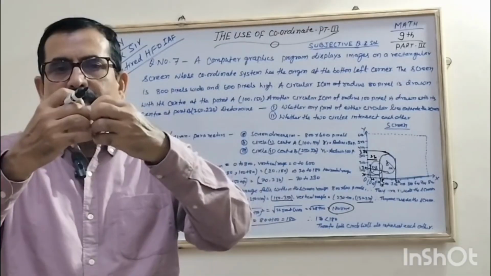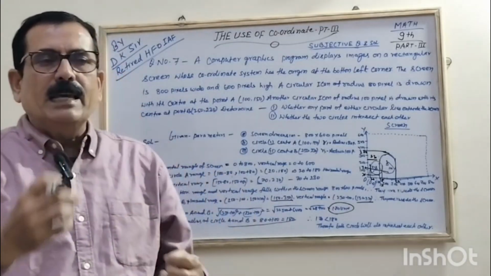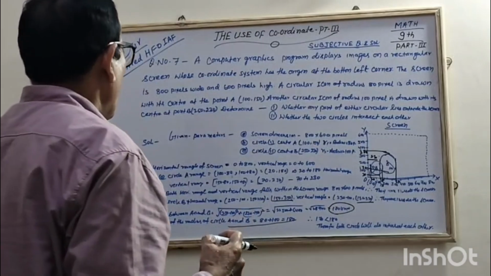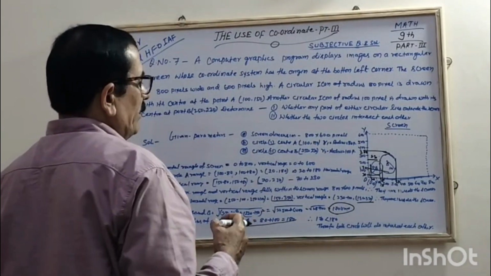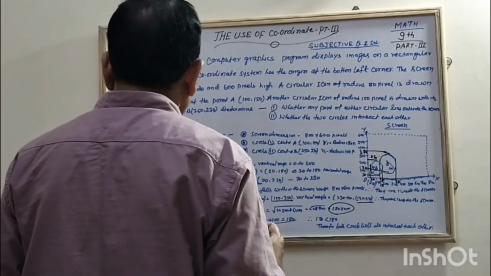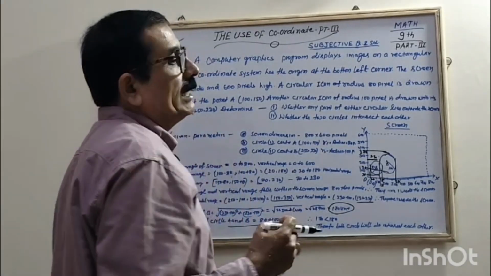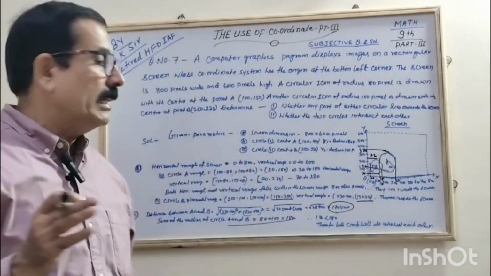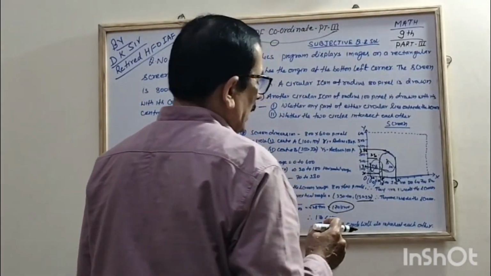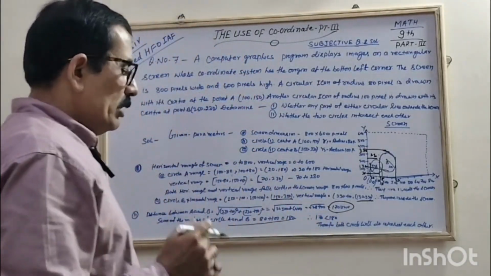If it is less than 180, then certainly they are going to overlap and intersect. Since the distance between A and B is 170, and the sum of the radii is 180, the minimum requirement is 180. It is less than 180. Therefore, both circles do intersect each other.